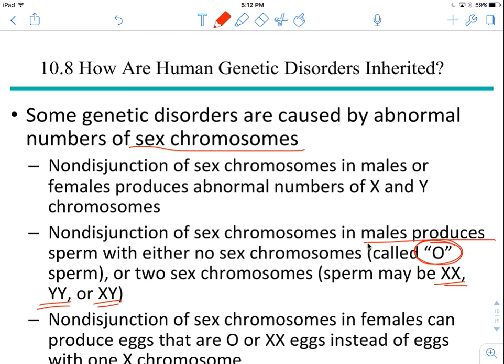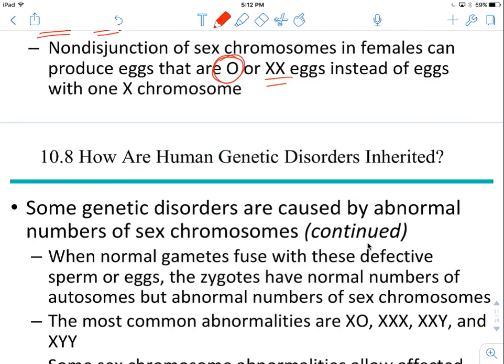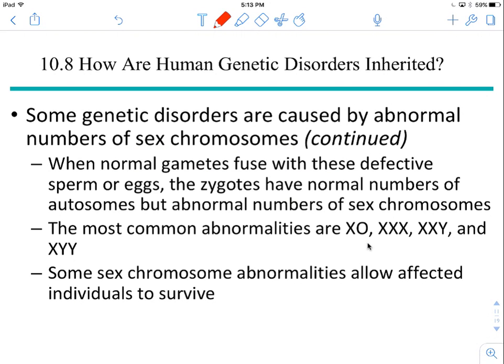And non-disjunction of sex chromosomes in females, you get eggs that are 0 with no sex chromosomes, or XX. Now, when a normal gamete fuses with the defective sperm or eggs, the ones with extra chromosomes, the zygotes have normal numbers of autosomes, but abnormal numbers of sex chromosomes. So these are the most common abnormal genotypes: XO, XXX, XXY, and XYY.